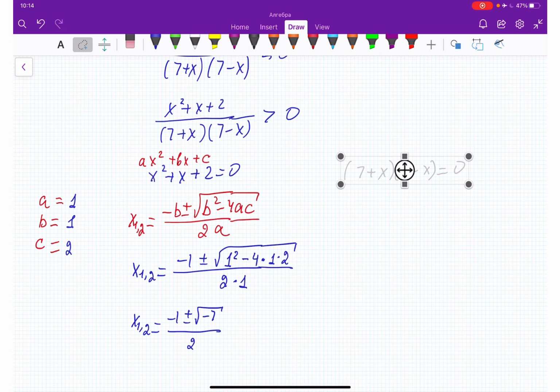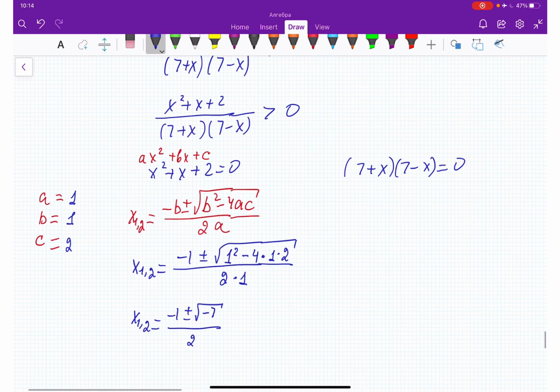All right. So for this one, x will be equal to -7, and for this one, x is going to be +7. Yes?